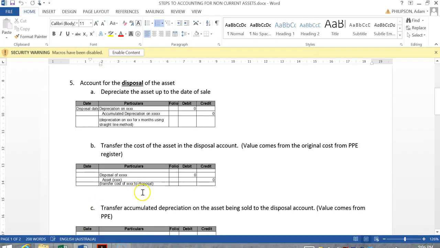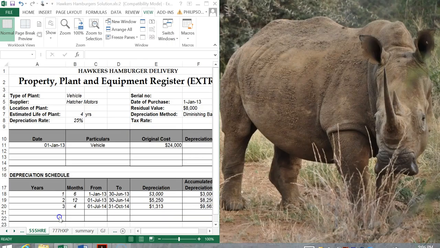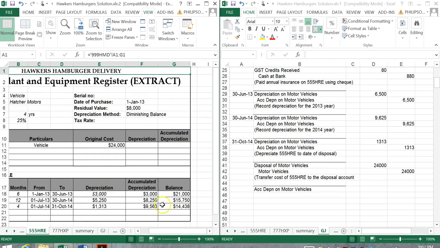Next step, transfer the accumulated depreciation on the asset being sold to the disposal account. Okay, so accumulated depreciation is a credit, naturally. So in order to get it out of the accumulated depreciation account, we need to debit accumulated depreciation and credit the disposal account. So accumulated depreciation of motor vehicles, and the amount for 555 HRE is going to be this figure here.